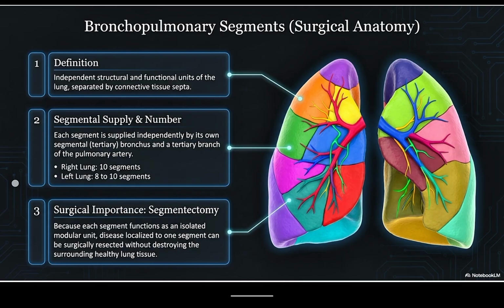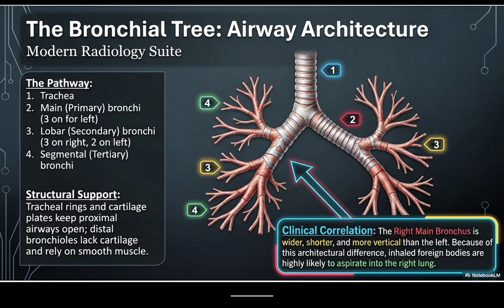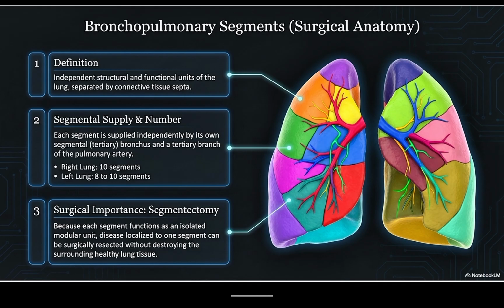So they are independent structural and functional units of the lungs. That's what bronchopulmonary segments are. Why do we say they are independent structural and functional units of the lungs? Because each lobe subdivides into segments, and these segments are supplied by what we call the segmental bronchi. Don't forget that they are supplied by the segmental bronchi and by the pulmonary arteries and veins.